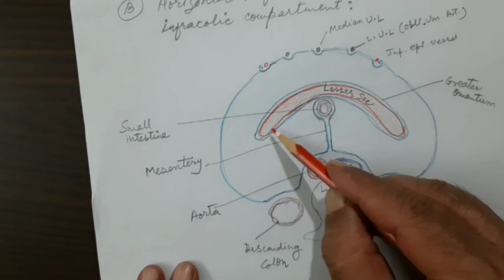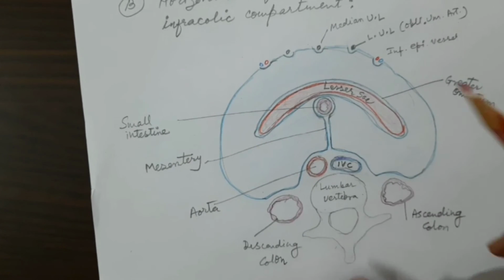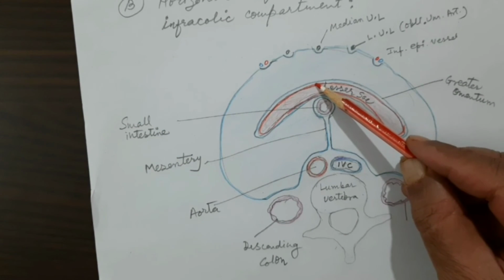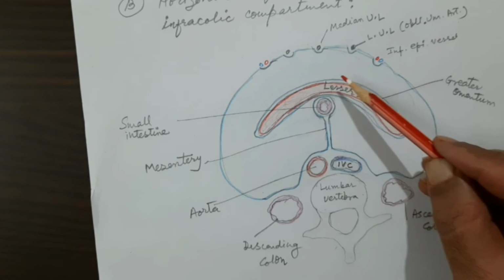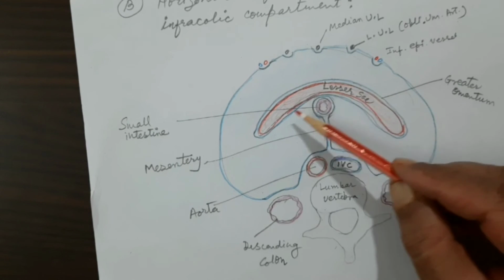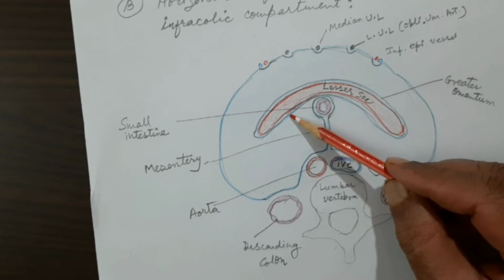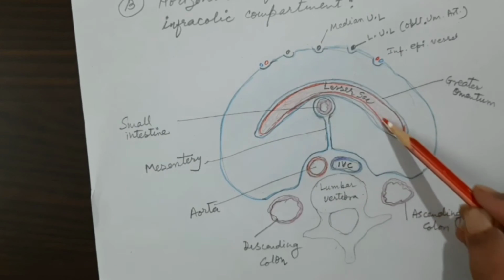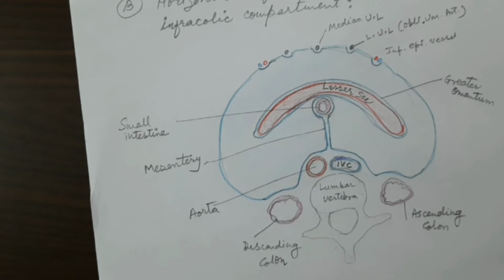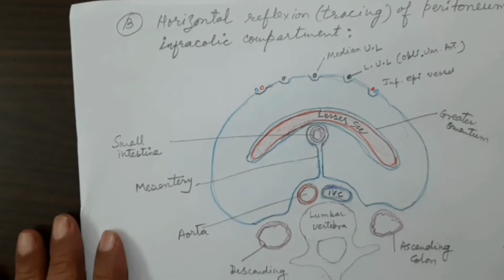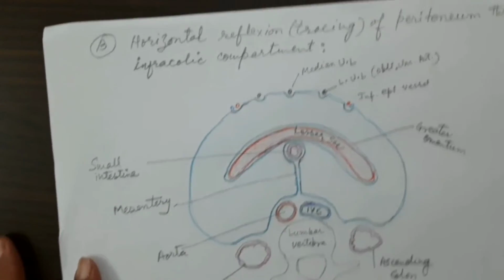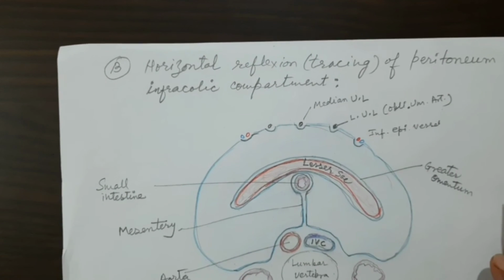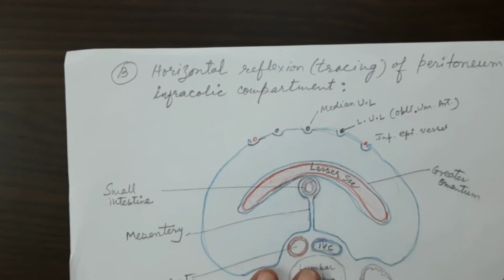If you don't want to remember the numbers of the layers, just don't bother. So there a double fold of peritoneum is on the anterior side of the greater omentum. This is the posterior side of the greater omentum, enclosing a cavity called the lesser sac. So this is how the greater and lesser sacs are seen below the umbilicus in the infracolic compartment.